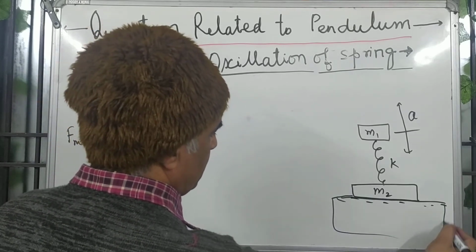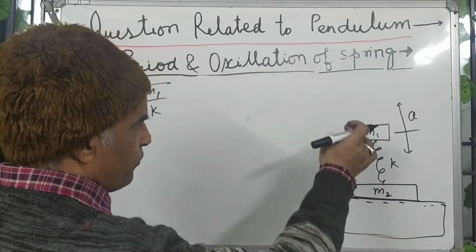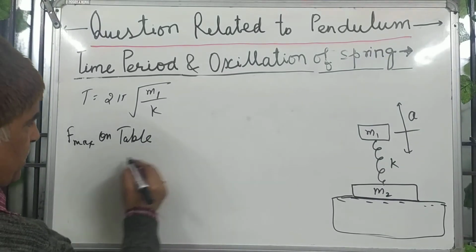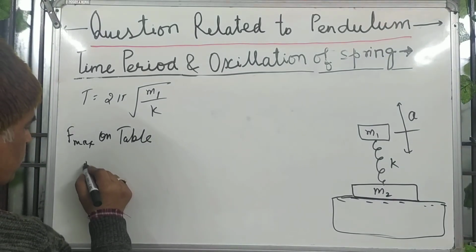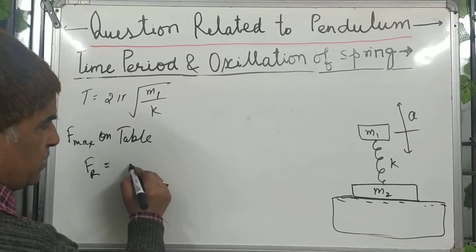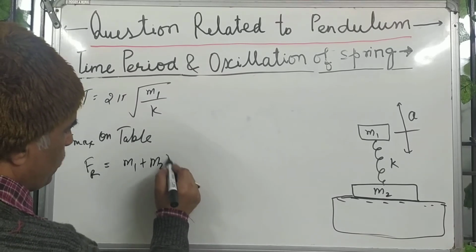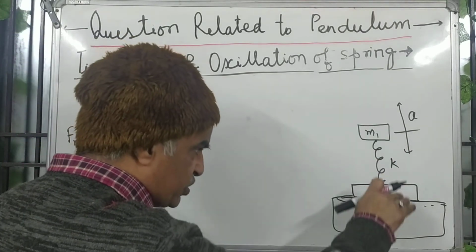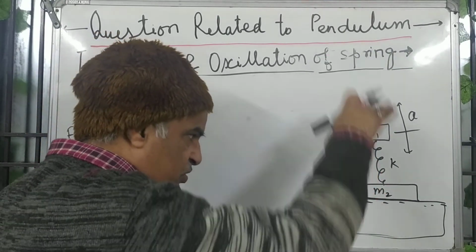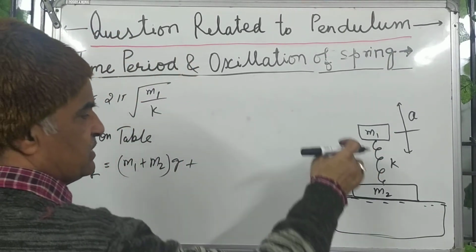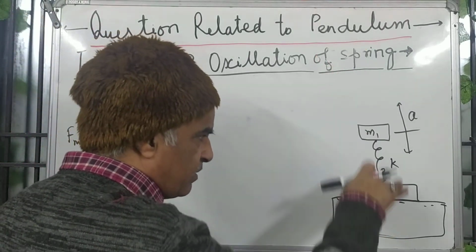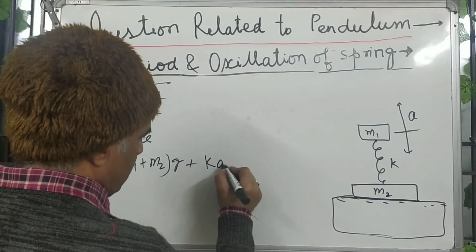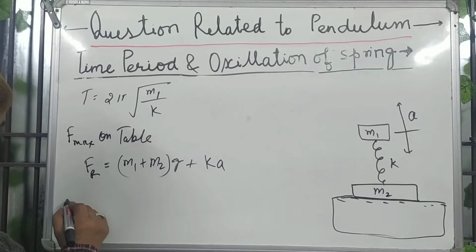In this case, the weight of this body acts downwards, so the reactant force on the table is m1 plus m2 times g, plus the spring is also compressed, so the spring is also applying force. Let the maximum compression be a, so that is ka.